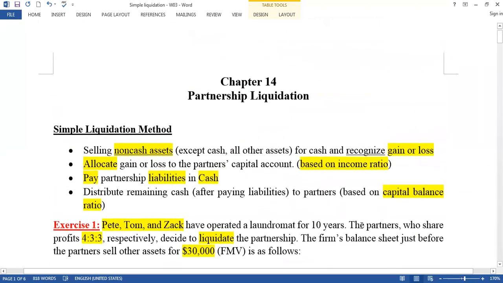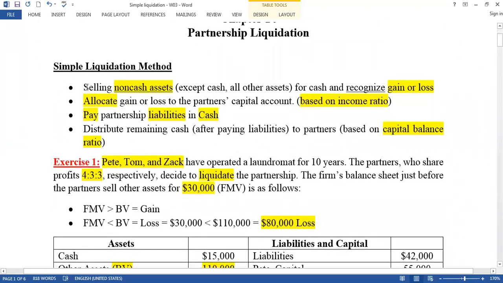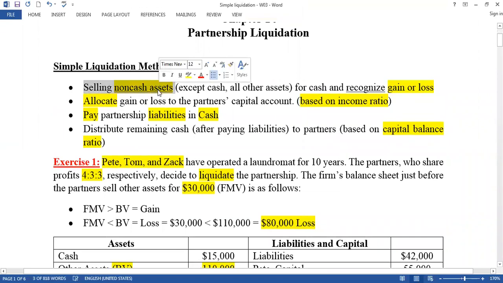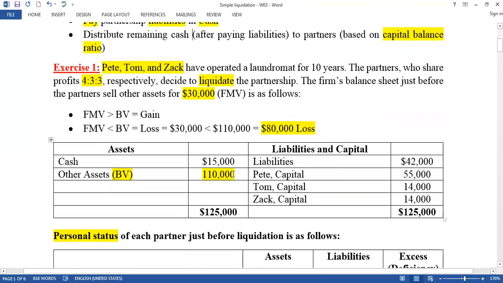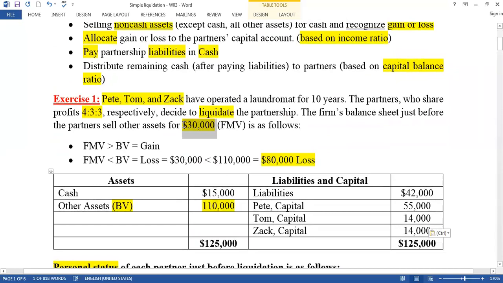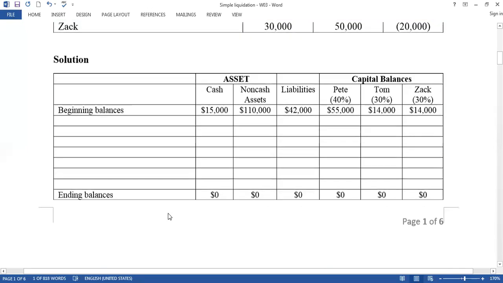Now remember the simple steps. Simple liquidation means we have to sell our non-cash asset. If we sell it, we know how much cash we receive. We sell the $110,000 asset, and we know how much cash we receive, right?